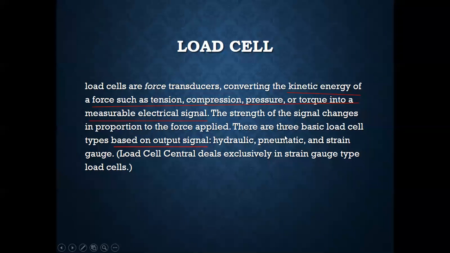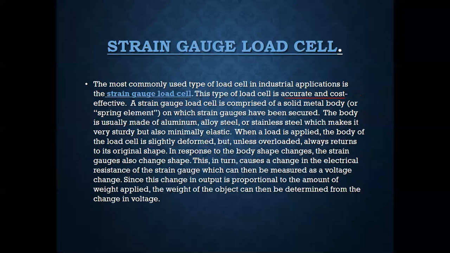There are three basic load cells based on output: hydraulic, pneumatic and strain gauge load cells. The most commonly used type of load cell in industrial applications is the strain gauge load cell. It is accurate and cost effective.